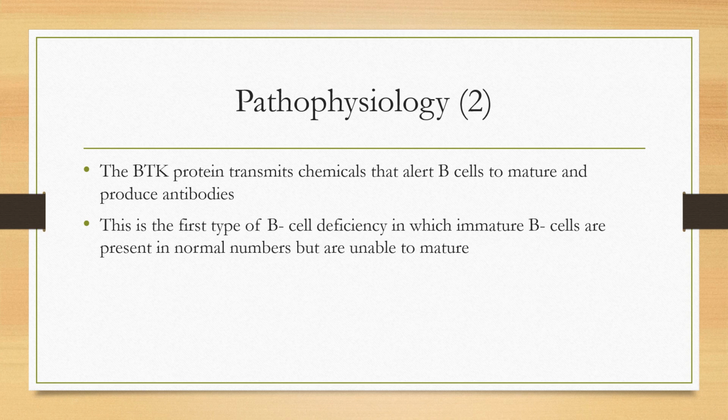So when someone has this disorder, or they carry this gene, it means that their B cells, which are going to help immature white blood cells mature, are not present.